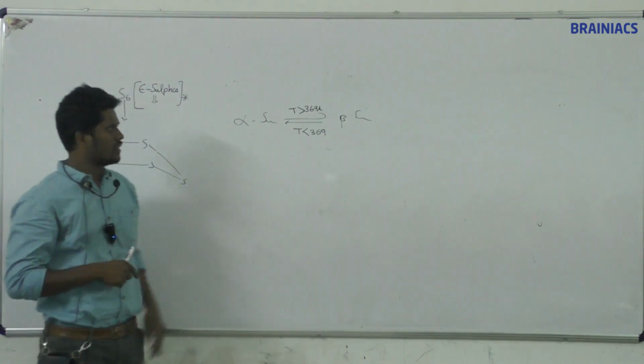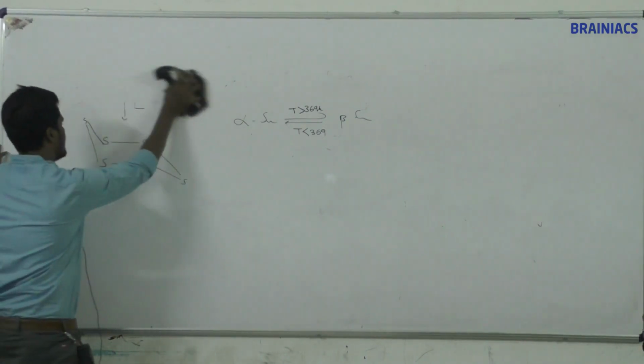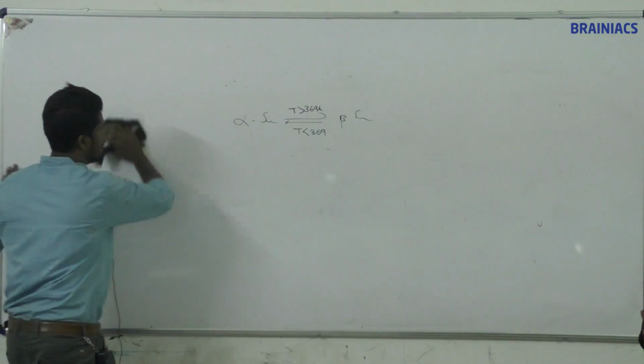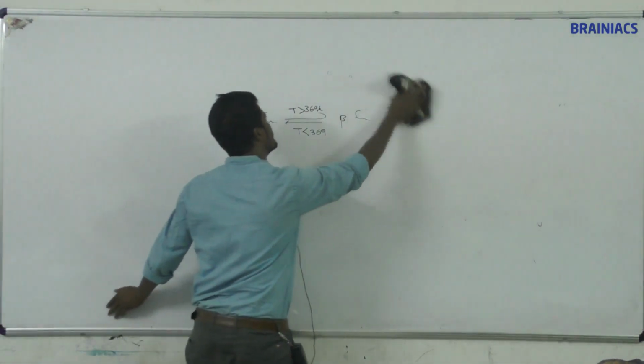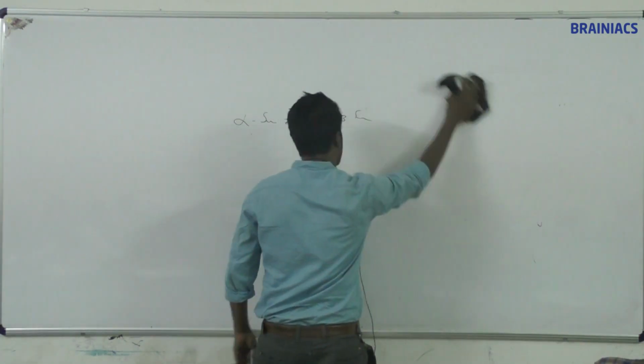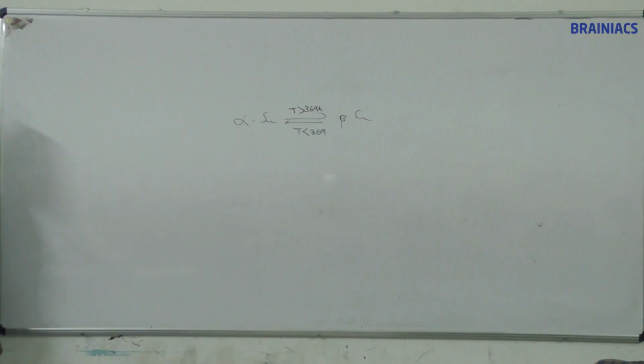Alpha sulfur is stable below 369 Kelvin, and beta sulfur is stable above 369 Kelvin.